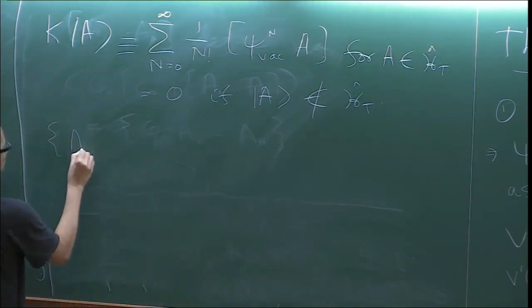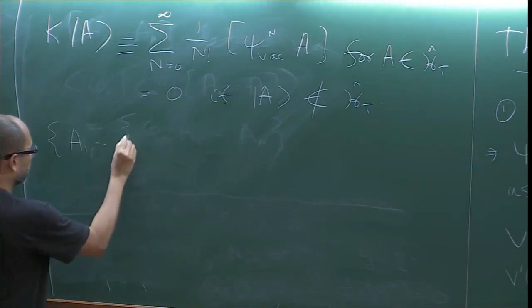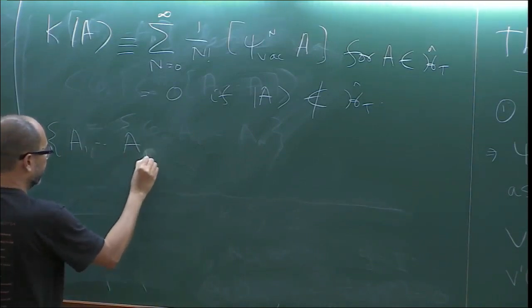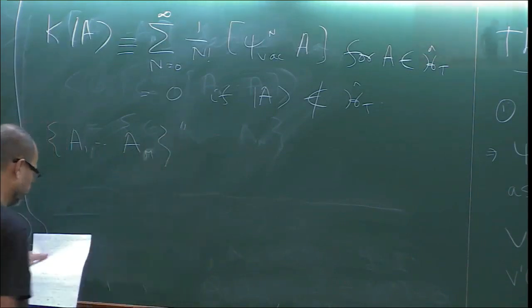And this object, A1 to AK, the double prime bracket.